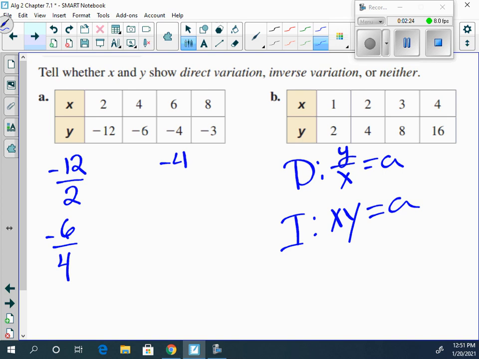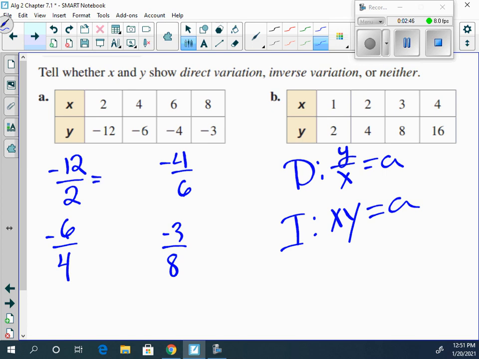Or if I took negative 4 divided by 6. Or if I take negative 3 and divide it by 8. Because if this is direct variation, I should have a constant term when I compare this x and y. Yes? Because a is constant, it is just a number, it should stay the same.